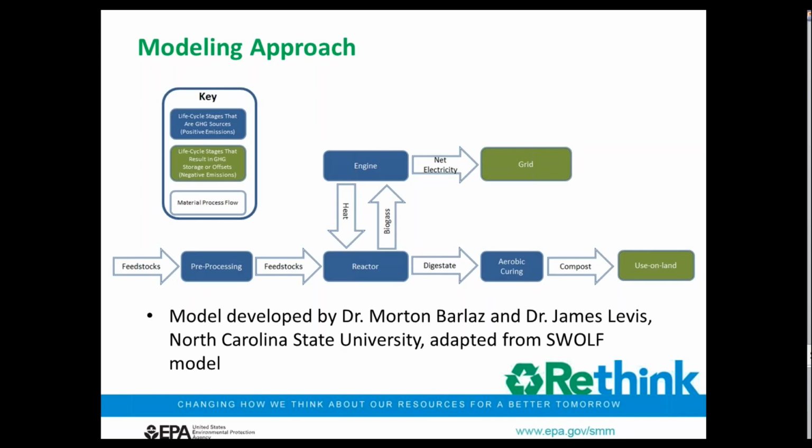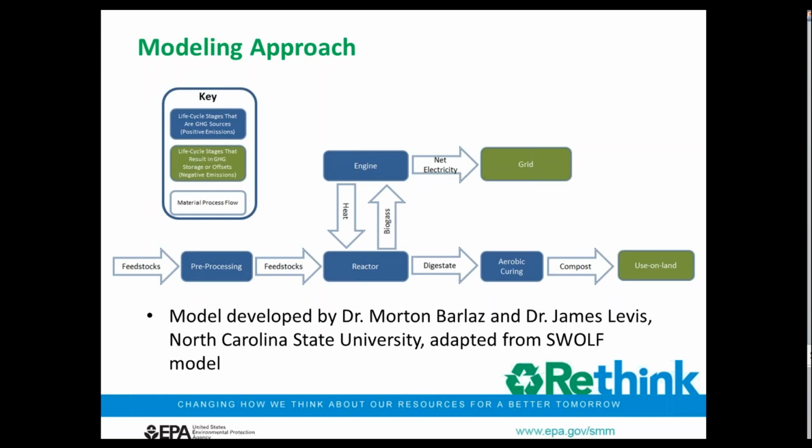The default in WARM is that the digestates would be aerobically cured prior to application to agricultural soils. This involves turning the materials in windrows, followed by compost screening, and then transport to the agricultural field and application to land. The materials coming out of aerobic curing would resemble those that commonly come out of a composting process.